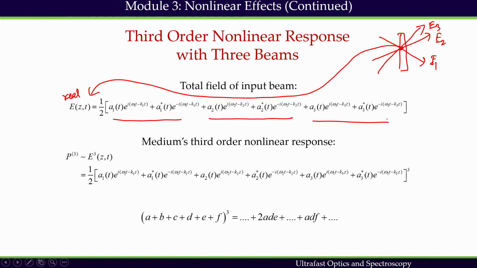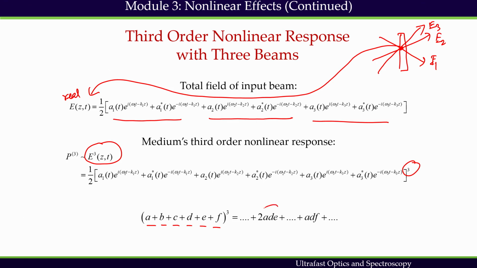So if I consider the third order response, then I have this cube term, and finally this whole equation is reduced down to the simplified standard equation, which is (a plus b plus c plus d plus e plus f) cube, which will have many terms. Among them, we'll select only two very important terms.